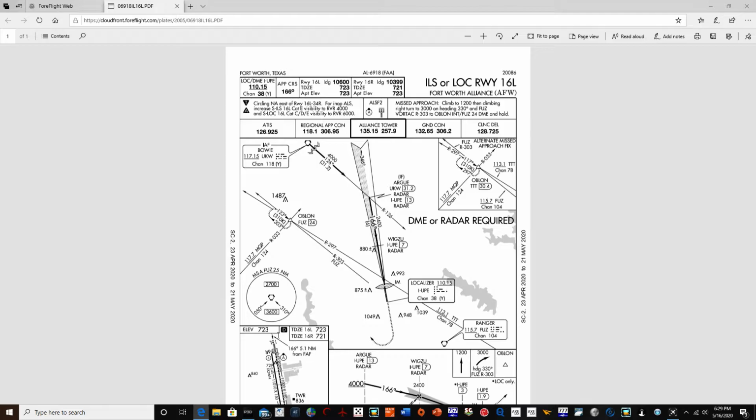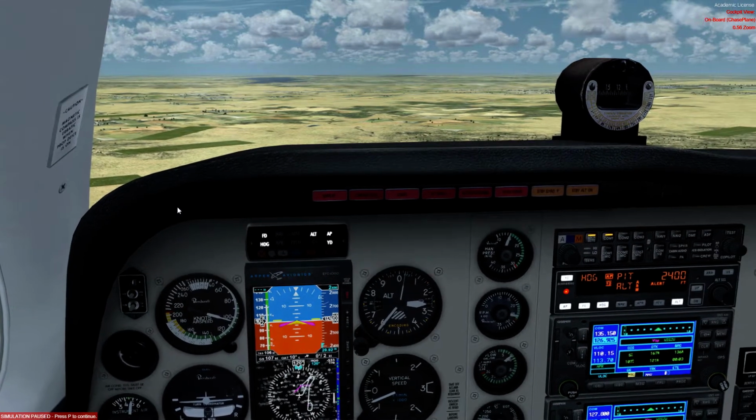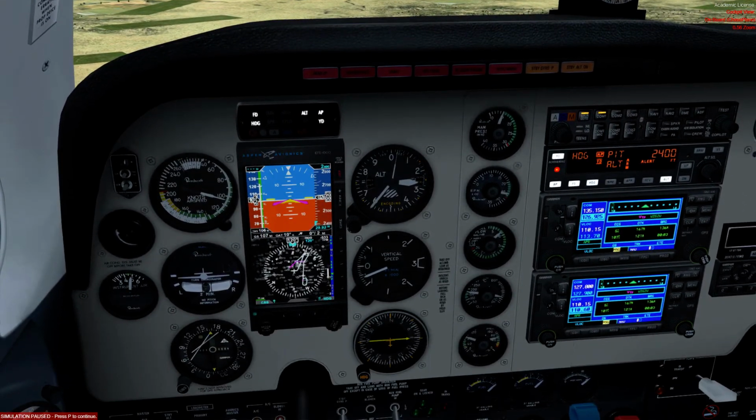Then when you go visual, you can set landing flaps and reduce your speed to landing speed. With all this covered, we're going to then transition into the simulator, and we'll start flying.